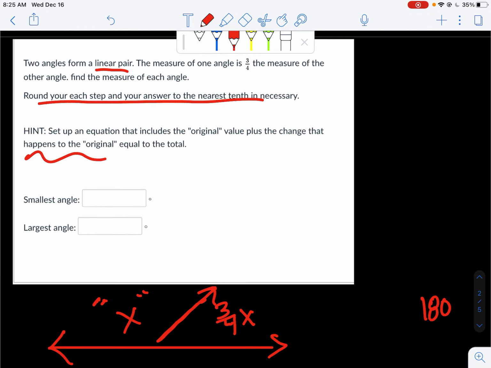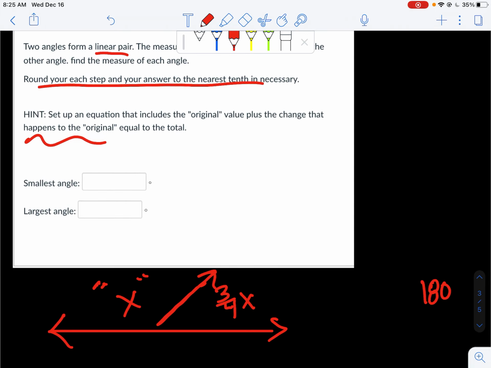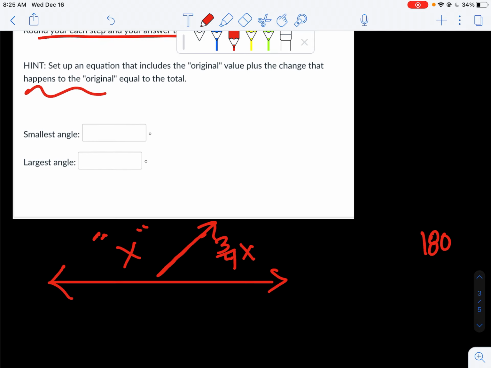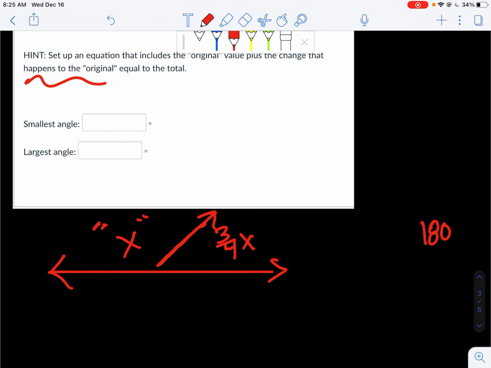So that's kind of what I mean there. In all these problems, we have some type of original angle, and then they say we have this angle, and now we're going to make a change to it. Maybe we're adding 50 degrees, or maybe we're multiplying. In this case, it's 3/4 of the other one, or maybe we're doubling. There's a lot of different things that we can do. But really the important thing is that we have our original angle and then the change that happens.